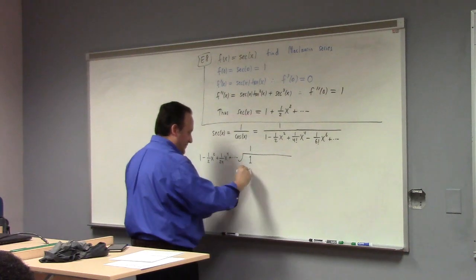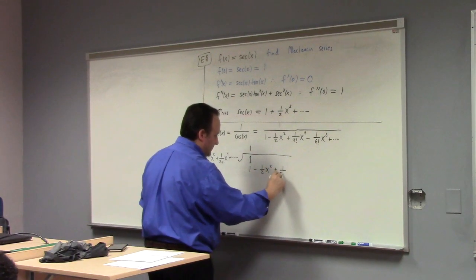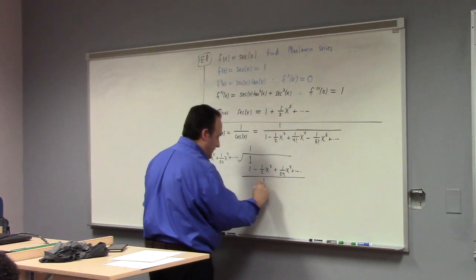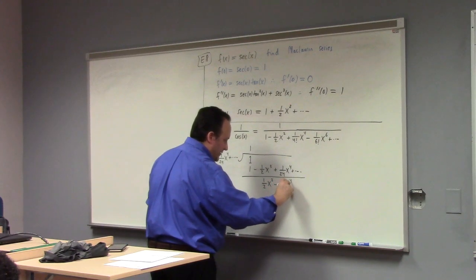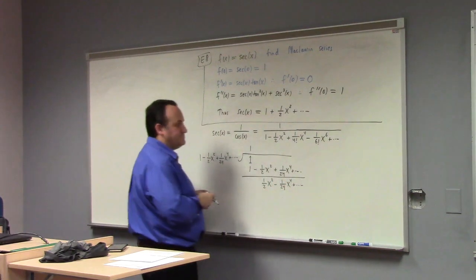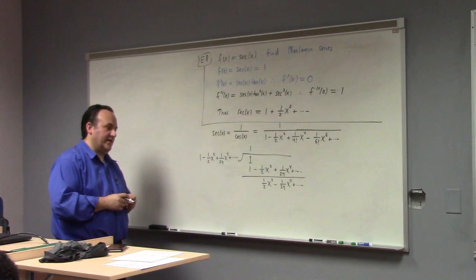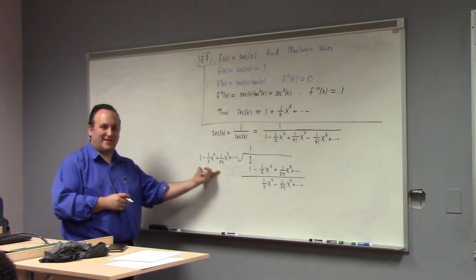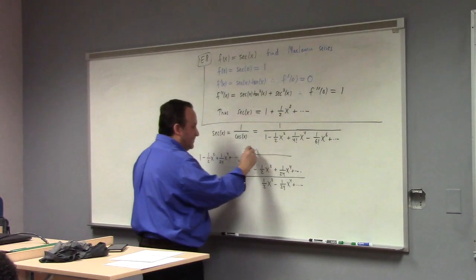So then I put that down here. I subtract. I get 1/2 x squared minus 1 over 24 x to the 4th plus dot dot dot dot. How do I get rid of 1/2 x squared using a multiple of the series? What do I multiply by? 1/2 x squared, right?